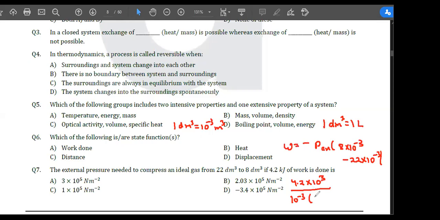So it will be plus 14. This is equal to the external pressure. Can you solve this now? 42 by 14. It is equal to 3 actually. Got it, everyone? Easy? Shreya, Suhas, got it?